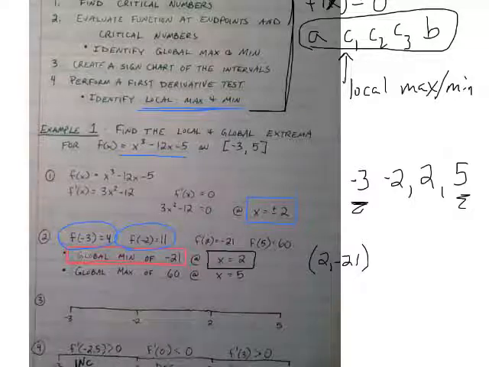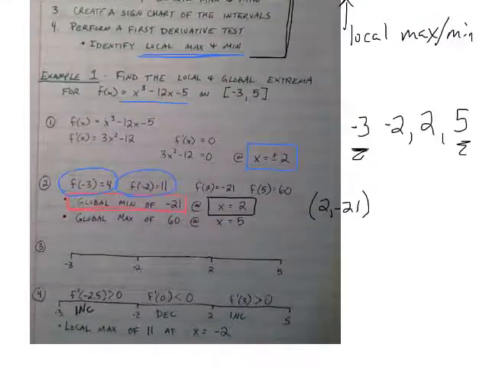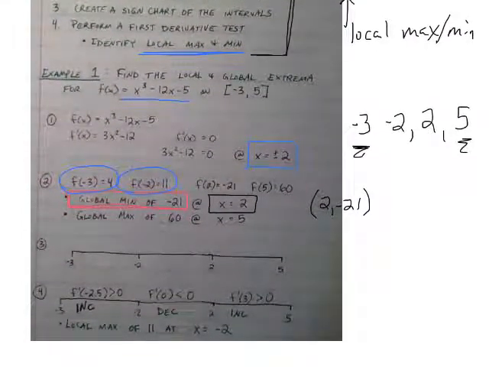And then I perform the first derivative test on it. And when I do that, I find some number between -2 and -3. Maybe that number is -2.5. And I evaluate the derivative of that, and I find that the function is increasing. So from -3 to -2 it's going up.